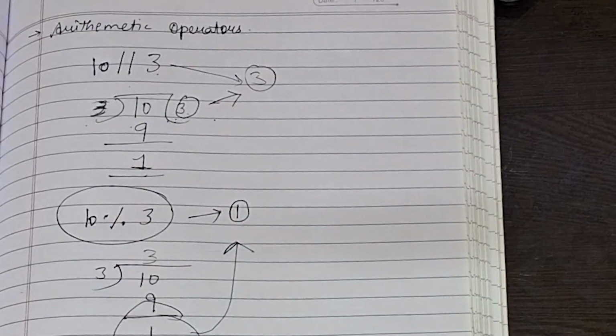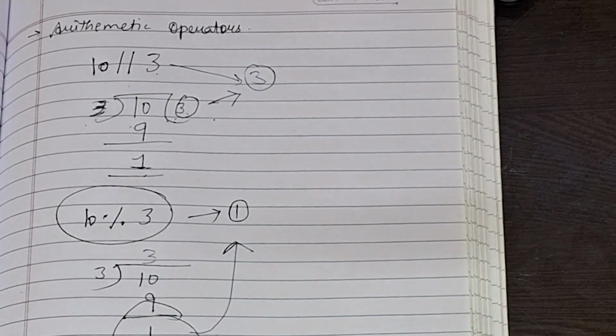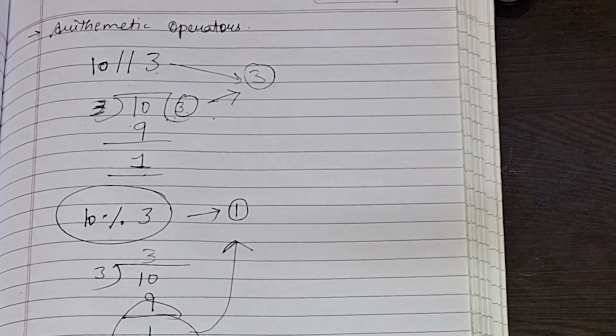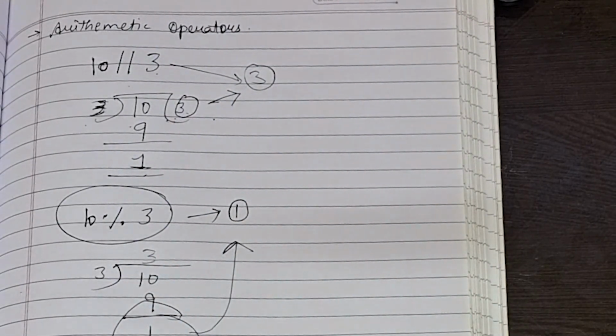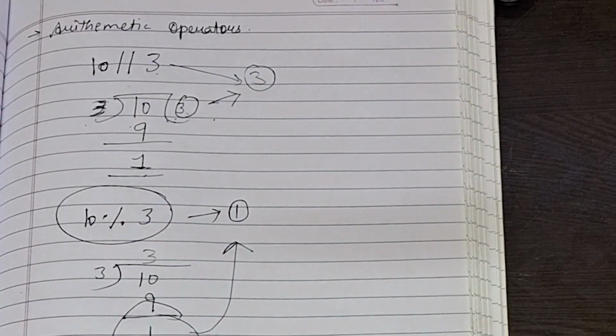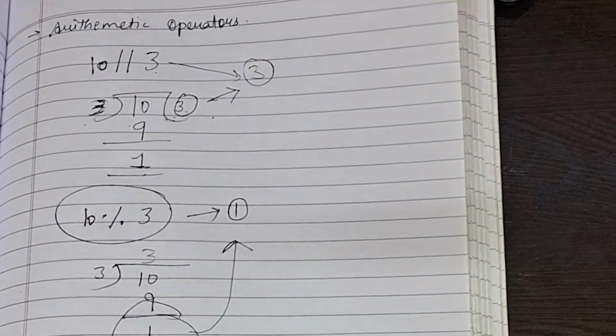Whatever the value or variable it may be, you can write in this format. Here we are having one example of it: 2 to the power 5. 2, then its power is 5. The output of this will be 32.